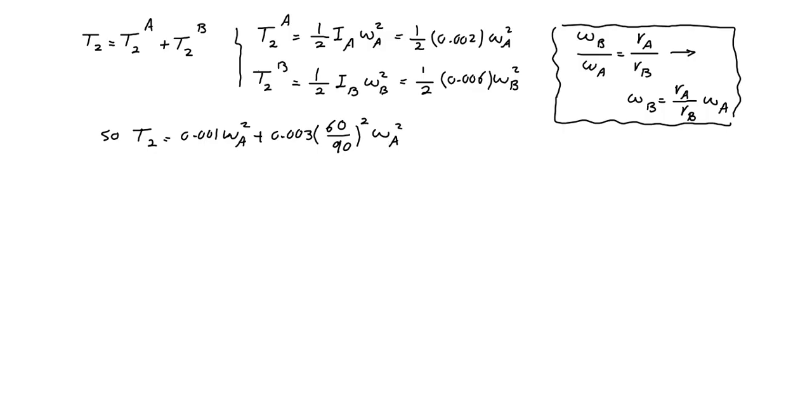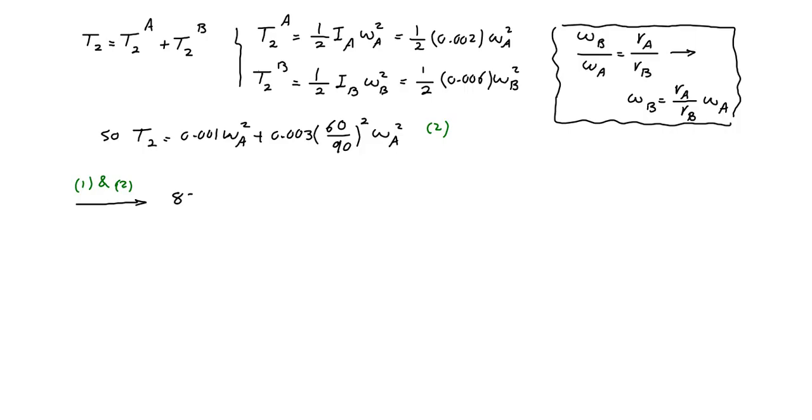I just replaced omega B with RA over RB omega A, and that's a square, so I squared that. Now this I call equation 2. Then I just put both sides of the equation together.